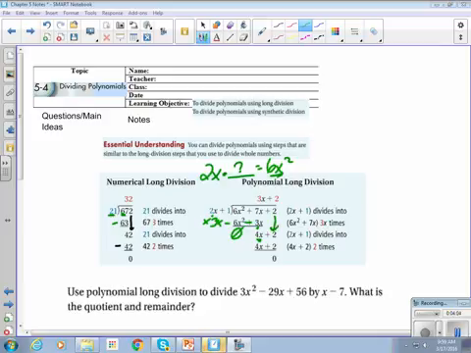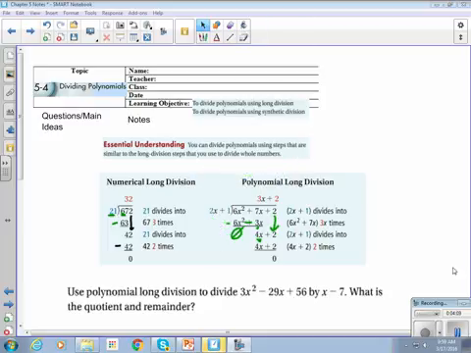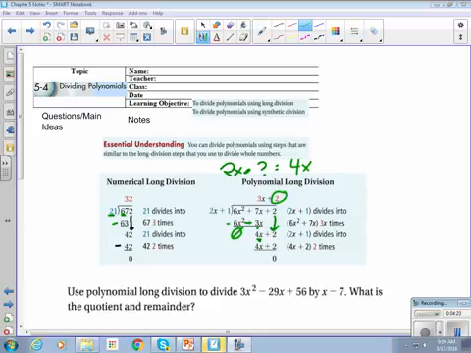Then we say, now we're on the second part. We say 2x times what equals 4x? Right. So the answer to that is 2. So then I come over here and I multiply these by my 2. 2x times 2 is 4x, and 1 times 2 is 2.